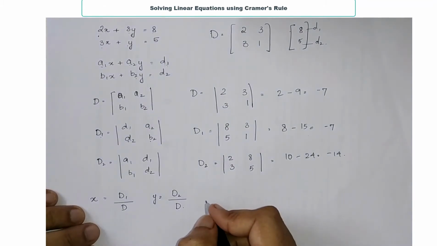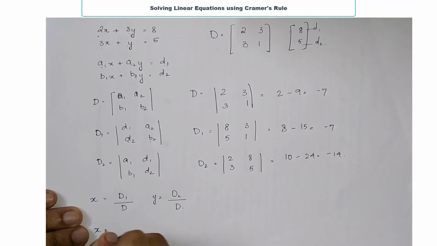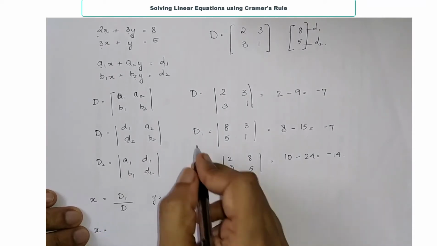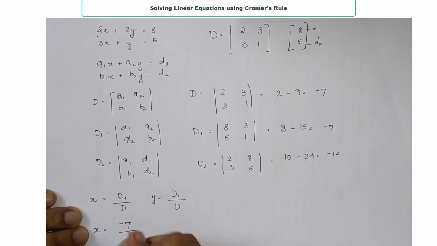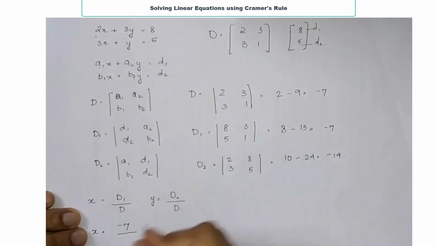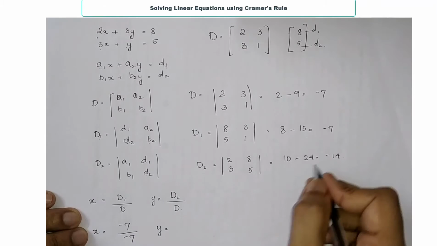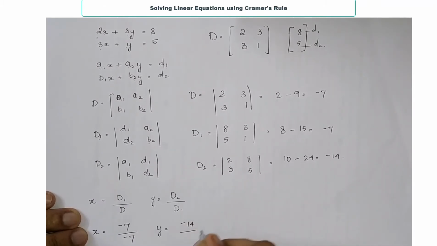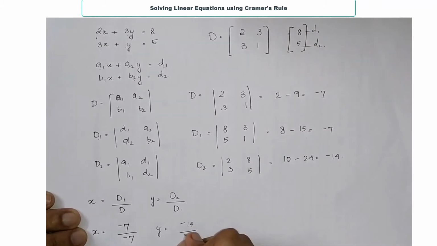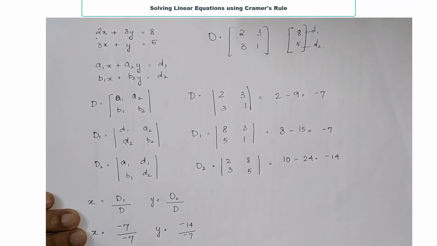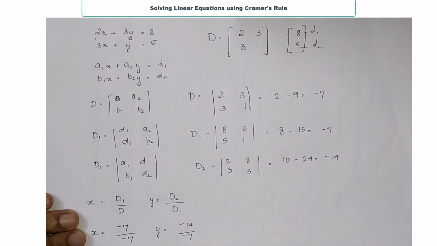Now you substitute. x is equal to D1 by D: D1 is minus 7 and D is minus 7. y is equal to D2 by D: D2 is minus 14 and D is minus 7. So x is equal to 1 and y is equal to 2. This is the answer.